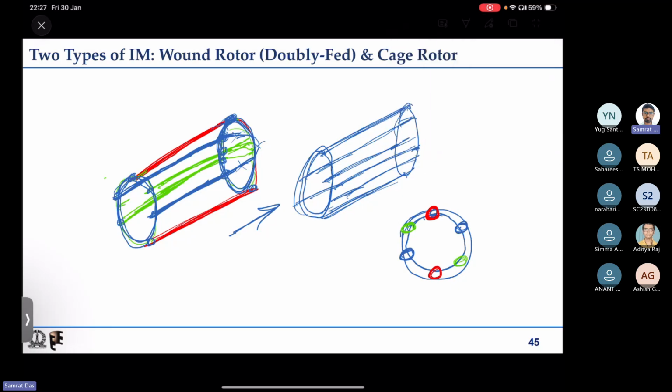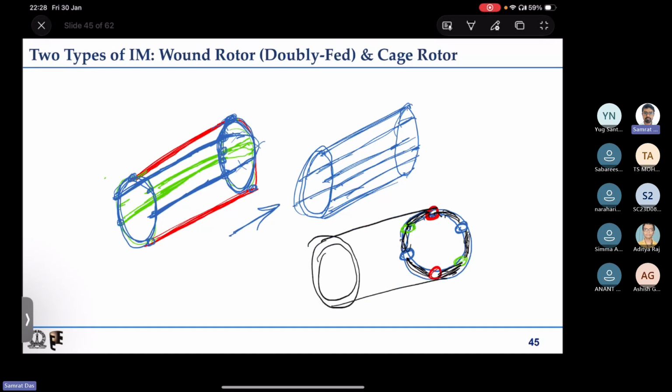All of these things are basically shorted by this ring. This is a conductive ring. So with this, all these conductors are shorted. This same thing is happening on both sides, so both sides we have a ring like this. We have these 6 conductors, which are basically short circuited.